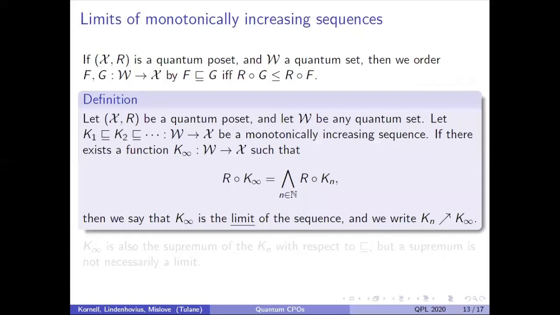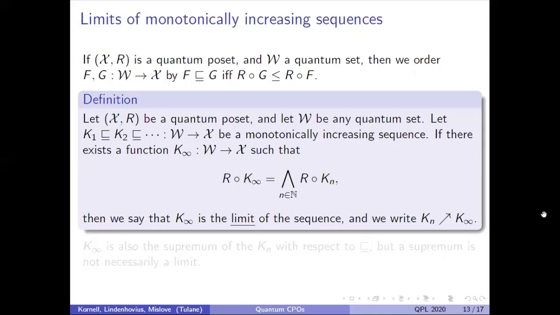This is important because now we can formulate what monotonically increasing sequences of functions into a quantum poset are. And if there is a function k infinity such that this intersection property holds, then we say that this function k infinity is the limit of the sequence.